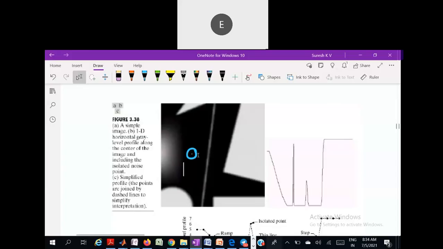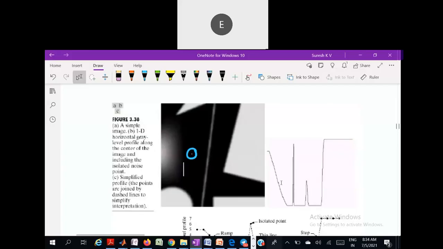Then you have the constant value. Then you could see that there is an edge here, and this type of edge they actually call it as rooftop edges or triangular edges, because intensity gradually increases and comes back. Okay, something which we notice. Then again it is constant, and suddenly at this point the brightness is increasing.